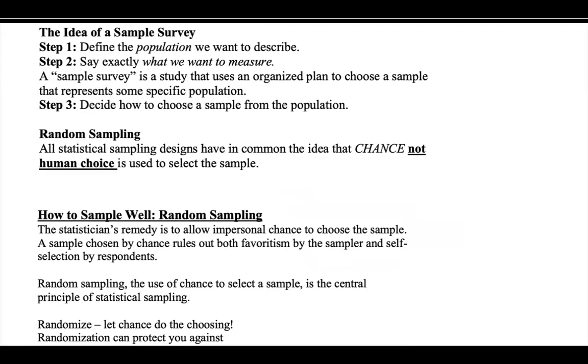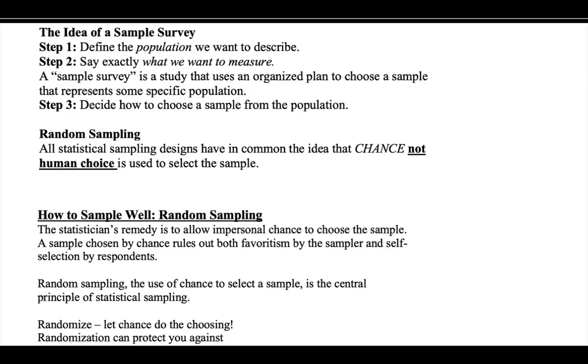Is it period 7, room 87, US 14? Is it all citizens of Fresno County? Is it all citizens of the state of California? Is it all students enrolled in Central High School? First of all, you have to define who you want your data from. Who do I want my information from? That's the first thing. And then the second step, say exactly what we want to measure.